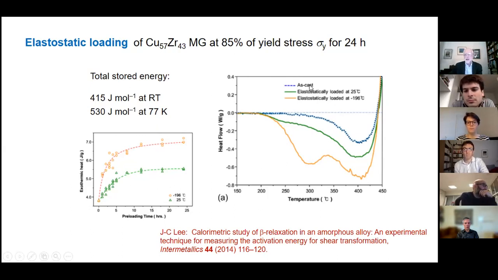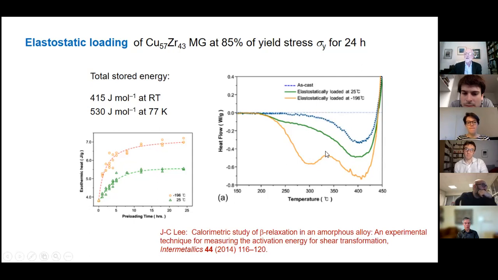So the as-cast glass would have some energy. It's the area here. We'll see a bit more about that later, but it's something just to compare to. Evidently, after this elastostatic loading, you've stored a lot more energy, down to the green line. And if you were to do the loading not at room temperature, but at liquid nitrogen temperature, you would store even more energy.